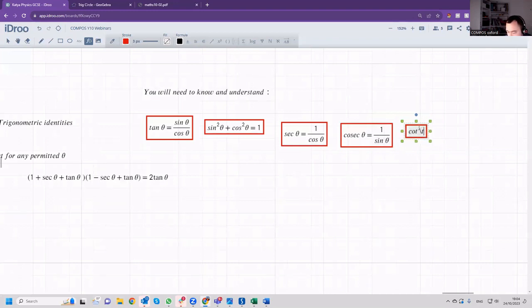Cotangent theta is cos theta over sine theta.